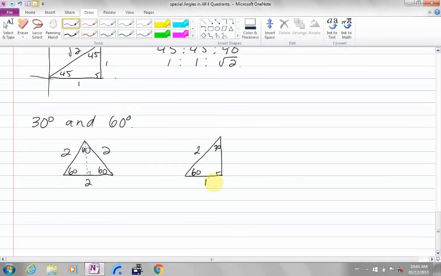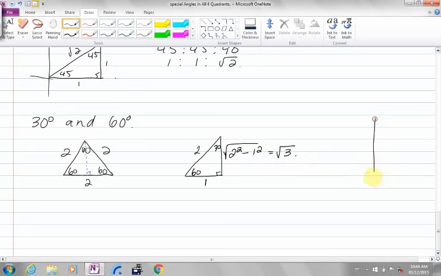Not 3, but this is the hypotenuse, so it's going to be the hypotenuse squared minus the leg squared. So it's going to become root 3. Everybody agree?